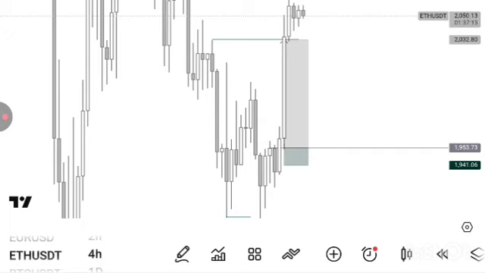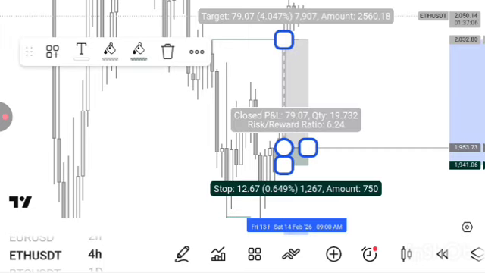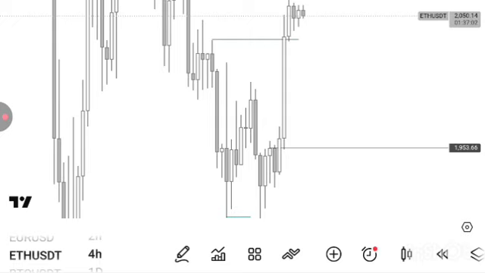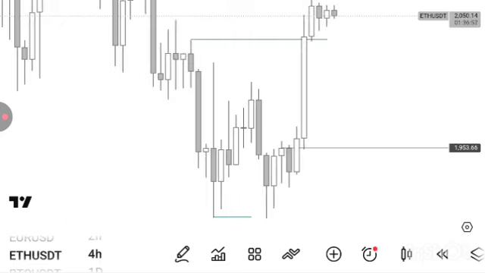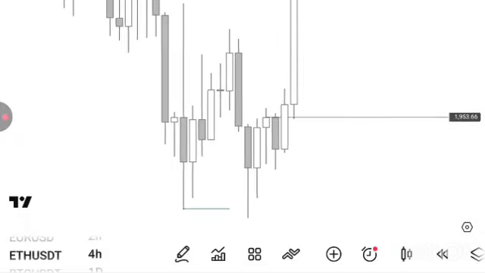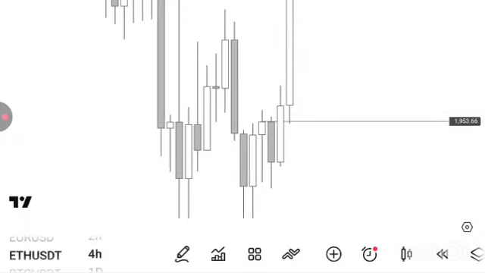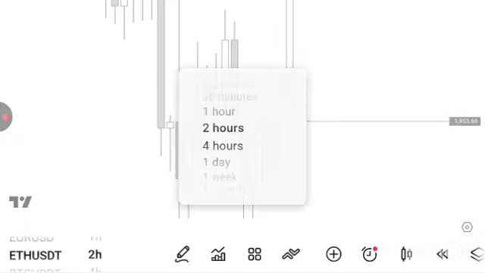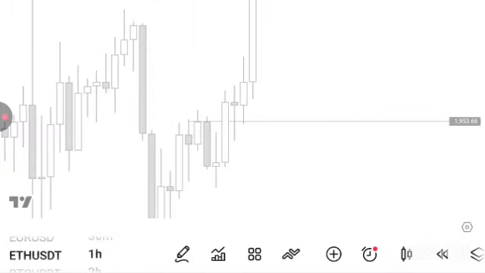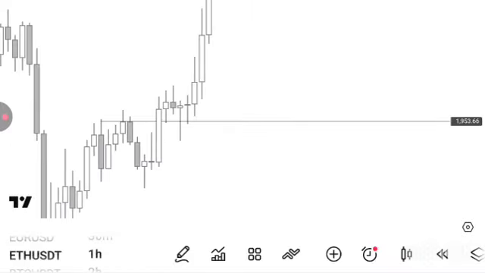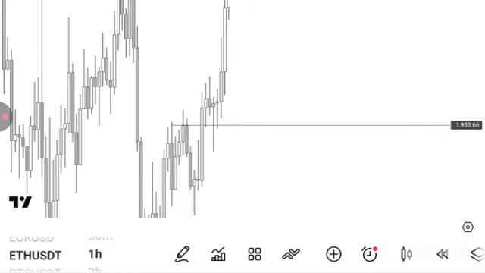This is how I do my own confirmation on the H1 time frame or on the M30 time frame. Your confirmation can also be on the H2 time frame. So after I got my breakout on the 4 hours time frame, I went straight to my H1 time frame and I waited for another breakout, right?